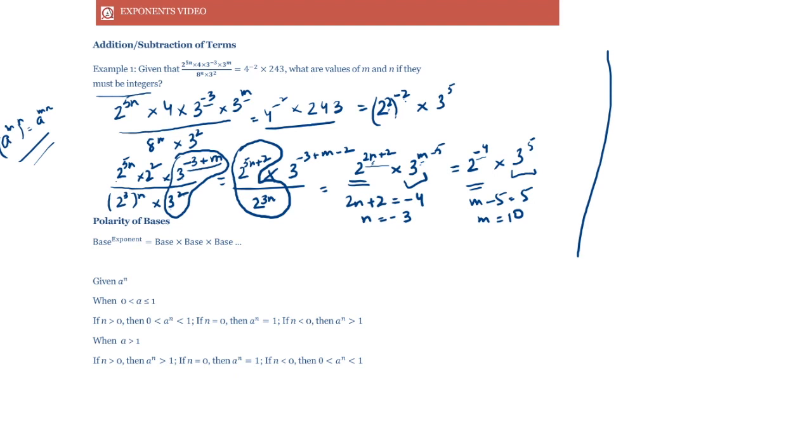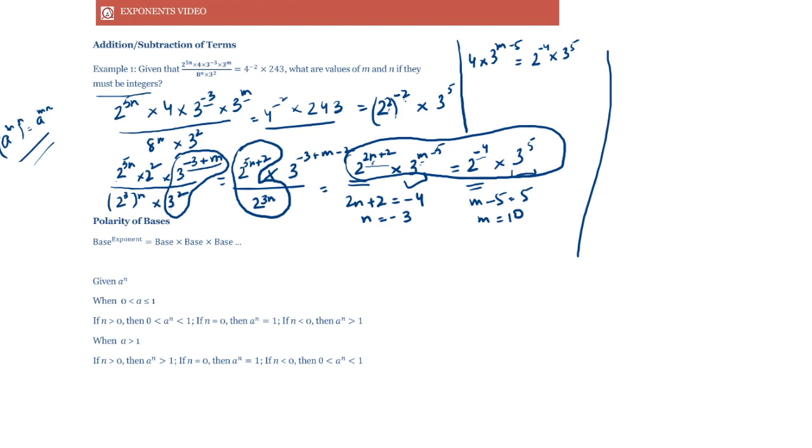For example, if over here I was to say, okay, so then this equation must hold, right? This equation. Let me put n equal to 0. So then what do I get? I get 2 to the power 2, which is 4, into 3 to the power m minus 5 is equal to 2 to the power minus 4 into 3 to the power 5.